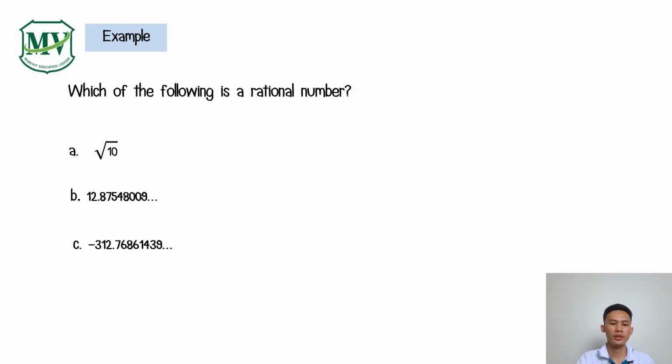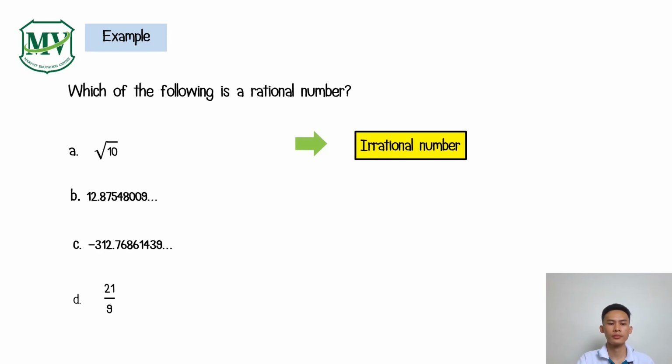Letter C, negative 312.76861439 and so on. In letter D, 21/9. So letter A, it's an irrational number.